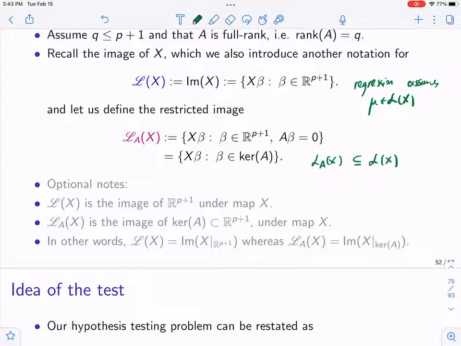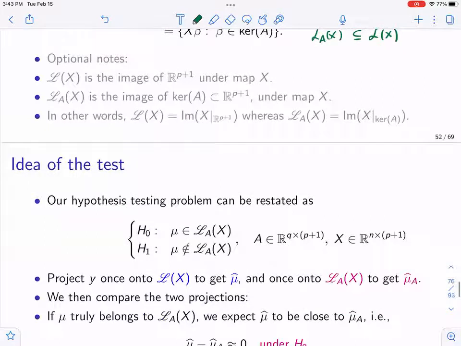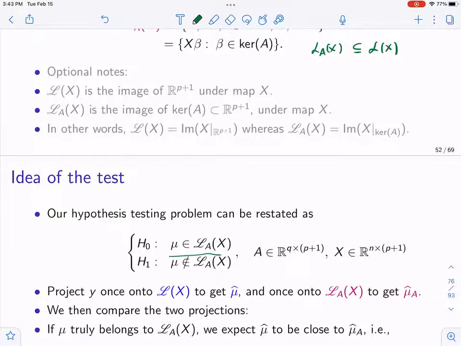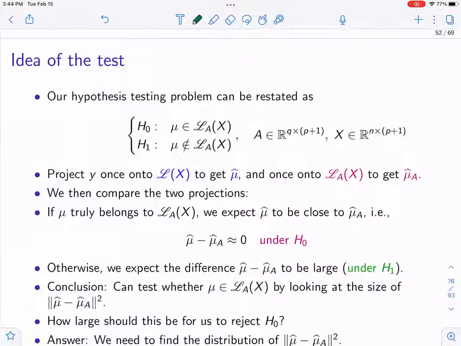So the hypothesis test basically translates to something like that. Under the null, these constraints hold, so mu is in L_A of X. Under the alternative, mu is not in L_A of X, but it's still in L of X. We would like to test that, so we fit the original model without constraints, we get a mu hat.